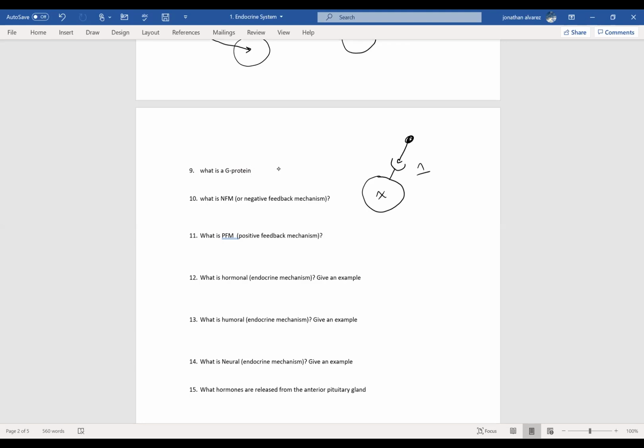So step one, the hormone binds, and then step two, you're going to activate the inside of the cell through second messengers. A G protein is an example of a second messenger. At that point, the G protein inside of the cell is going to tell the cell what to do.